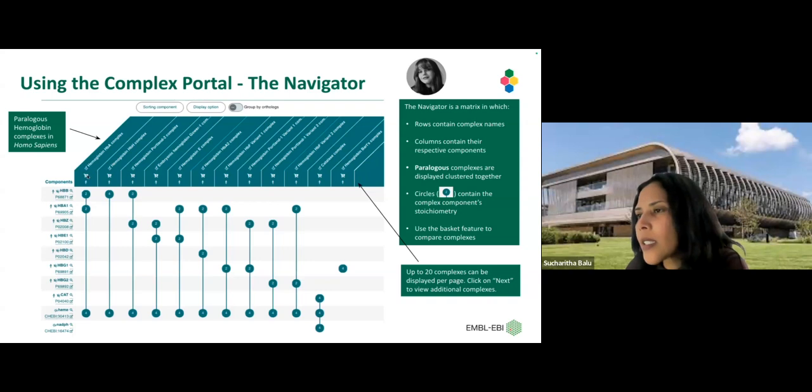You also have this nice little basket feature going across the top here, so you can add individual complexes to the basket for a closer comparison. In this navigator view, you can fit about 20 complexes. If your search results returned a lot more, there will be a little next button to see the rest.